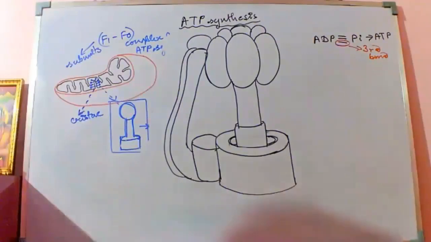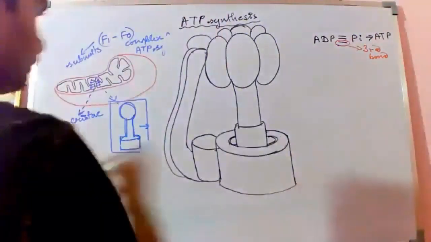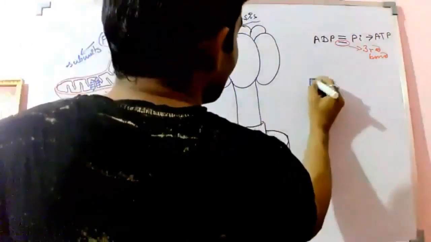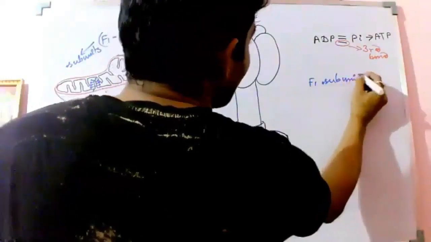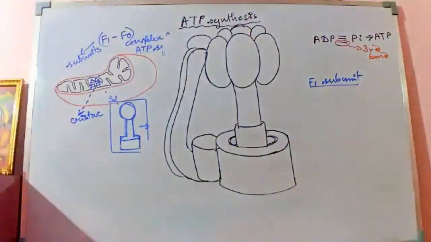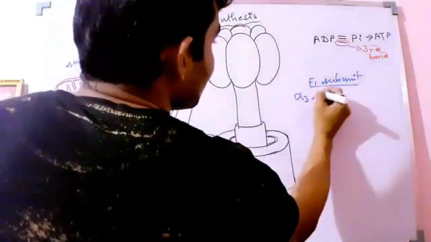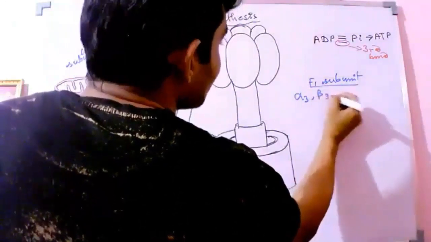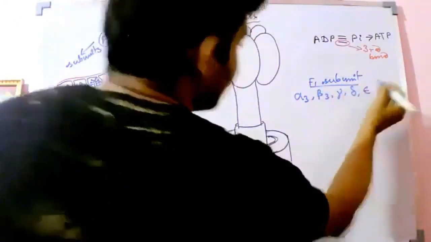Now this F1 subunit consists of 5 subunits or 5 microunits of the nucleotide. Namely these are alpha 3, beta 3, gamma, delta and epsilon.